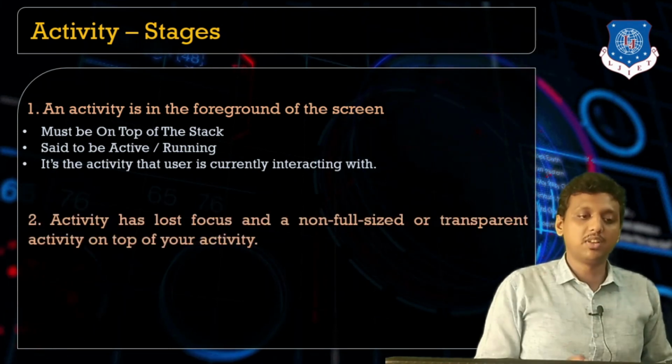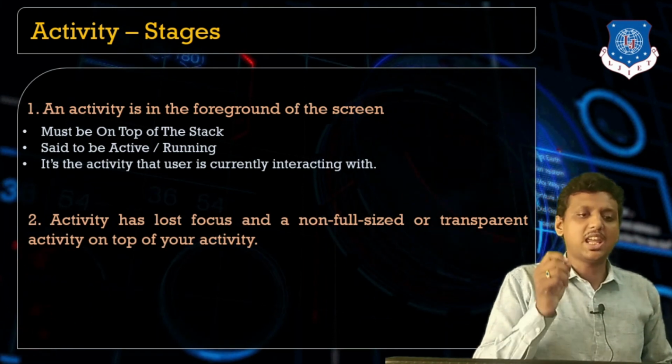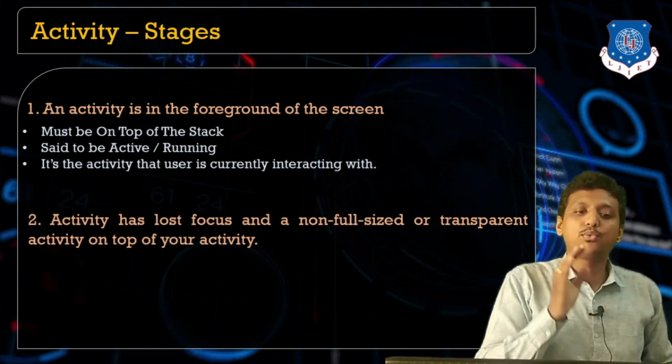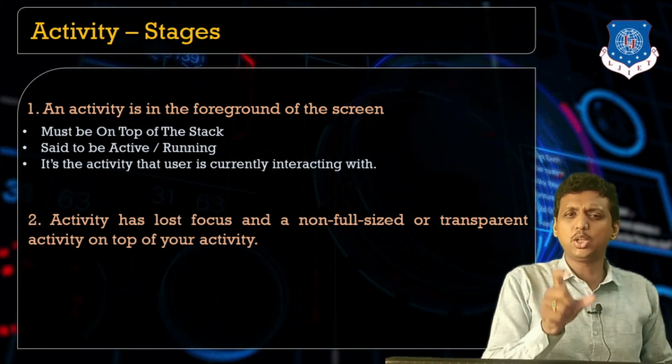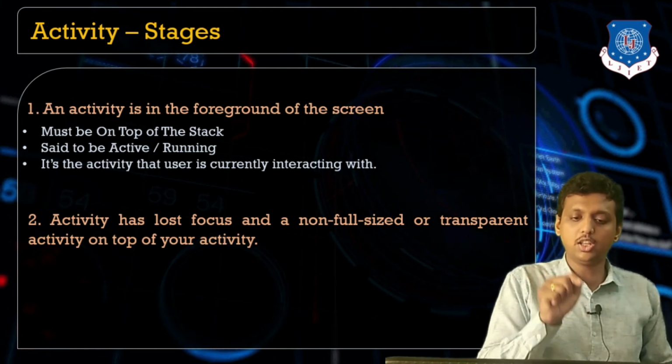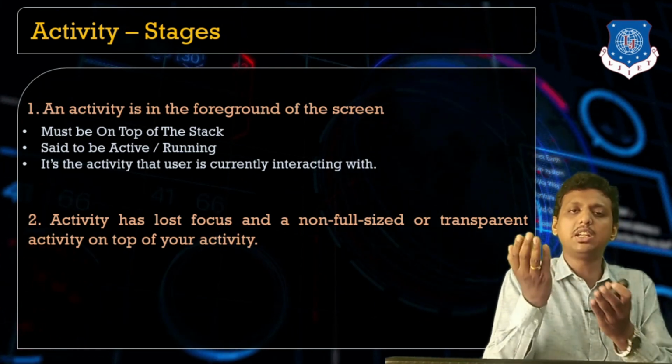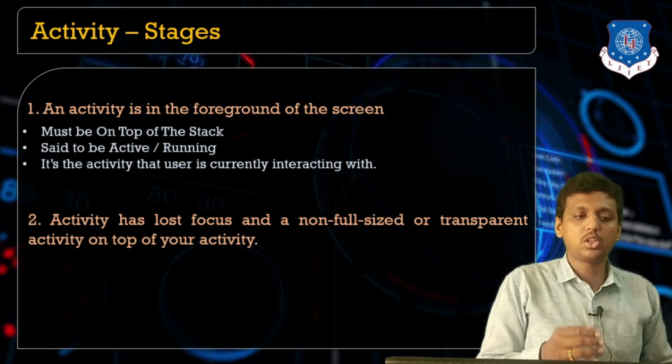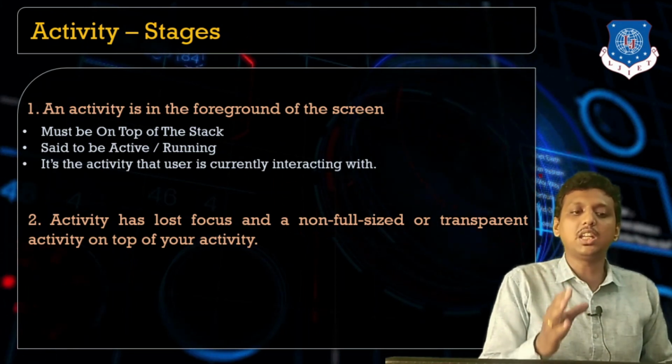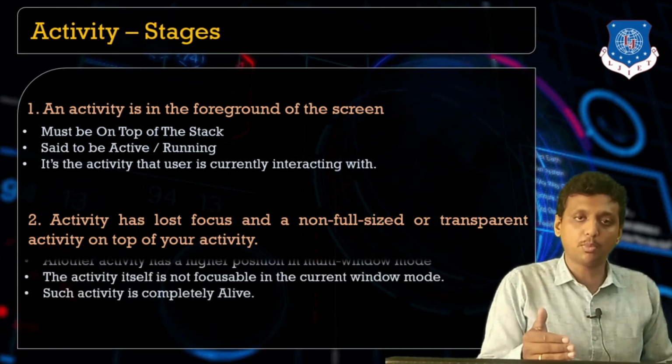Now the second stage is when the activity has lost focus. That means you are not interacting with the particular activity. Okay, the activity seems like a transparent one on top of another activity.